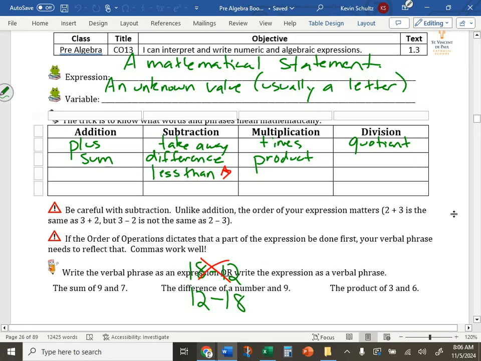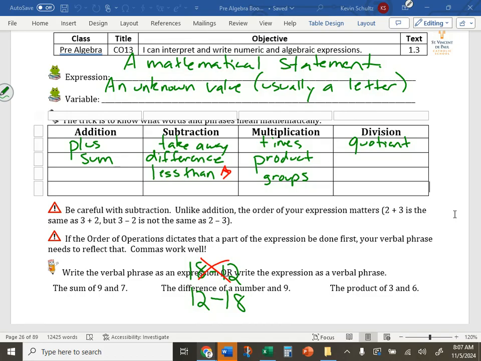Other words and phrases. Divided by, that's kind of close to division, I think. How about the word groups? The word groups is interesting because it can be applied for both multiplication and division. If we have 3 groups of 4, that would be 12.